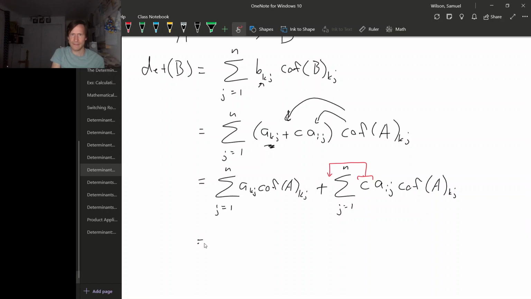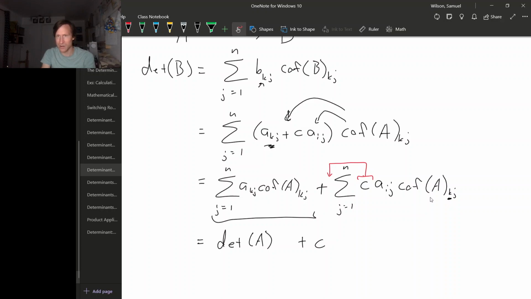Yes. And this first piece, this is just the determinant of A. Plus C times... Now here we have to be really careful, because the cofactor, we expanded across the kth row, right?